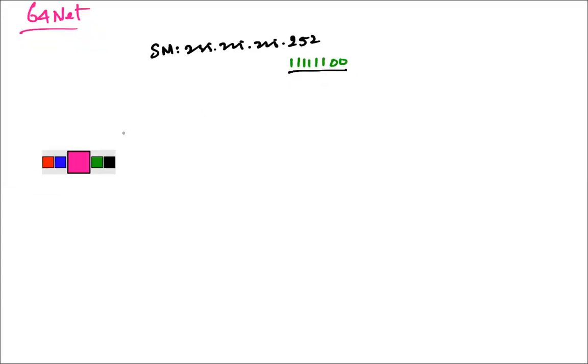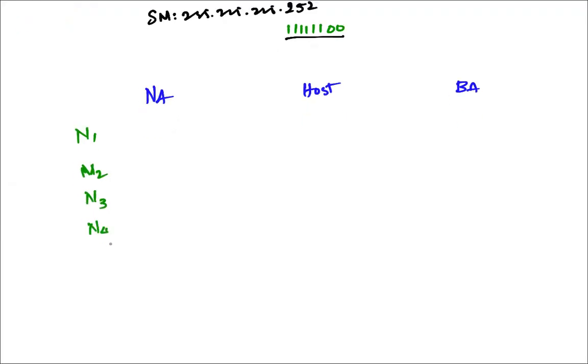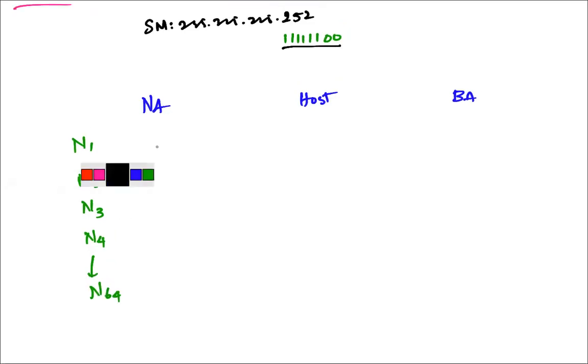Okay, good, cool. We'll write the network address, the host, and the broadcast. We're going to write network number 1, network number 2, network number 3, network number 4, and then directly network number 64. Okay, so what is the answer?